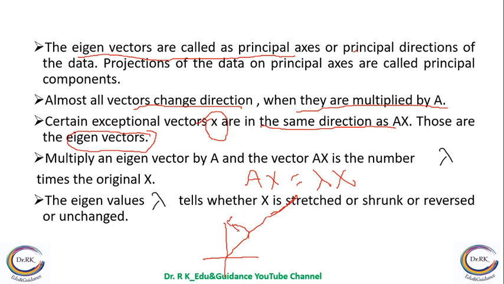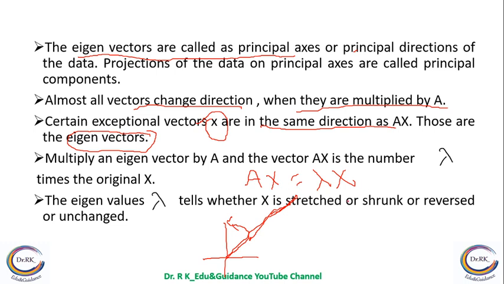When we talk about stretching a vector, the eigenvalues and eigenvectors concept comes into the picture. Eigenvalues and eigenvectors help us understand how much we can stretch and in which direction we can stretch.